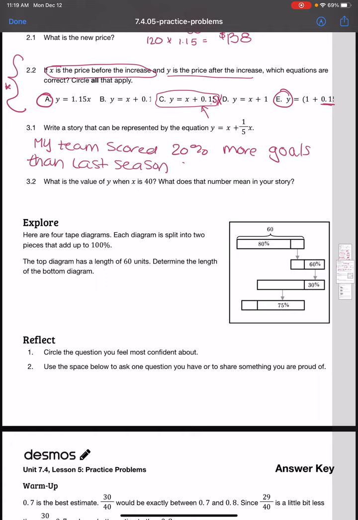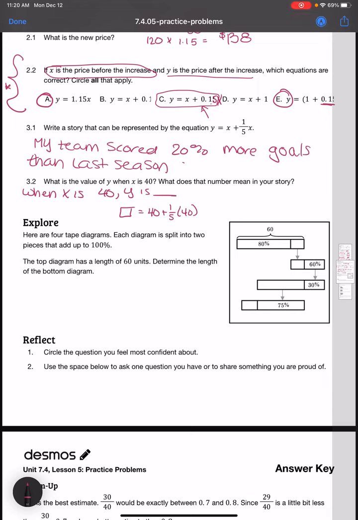Now, last one. What is the value of y when x is 40? What does that mean in your number story? So when x is 40, we can figure this out. We'd have 40 plus 1/5 of 40 equals y.